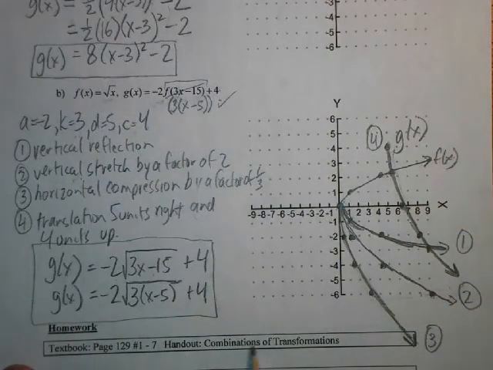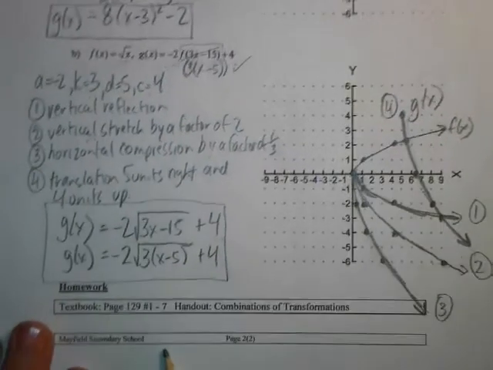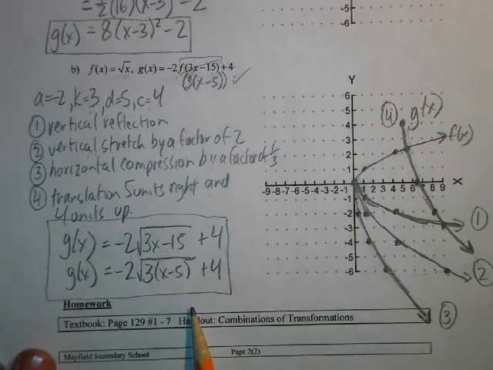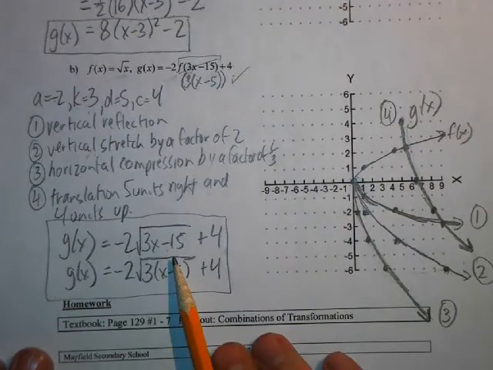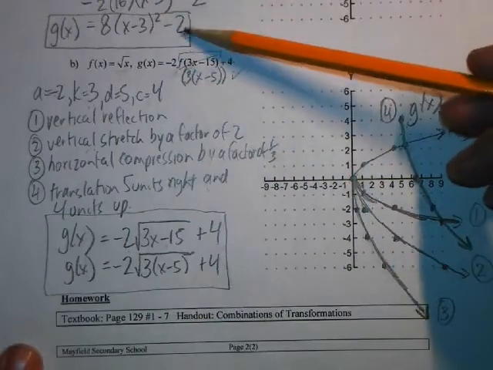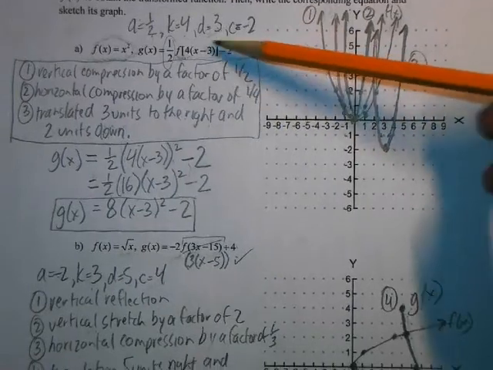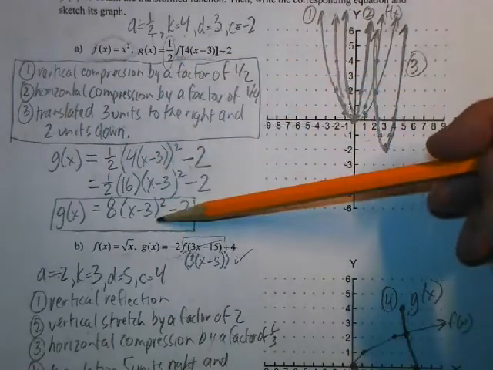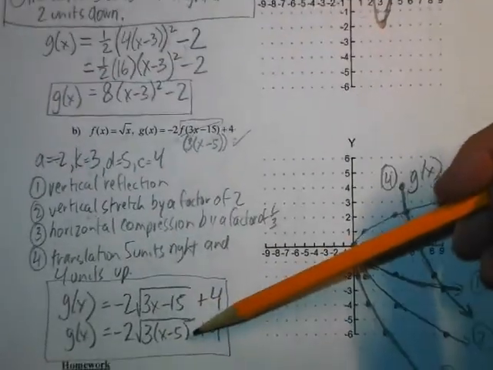I've got a handout for you to work on, as well as some textbook work to combine everything we did in the last two lessons: translations, stretches, and reflections. It's really important that you can do this algebraic work, understand what A, K, D, and C mean, and be able to create the two different versions of the transform function, the one with the f of x in and the one with the actual thing that f of x does, in this case squaring, in this case the square root.